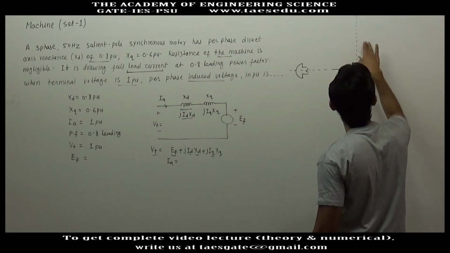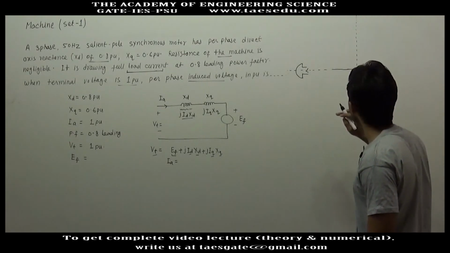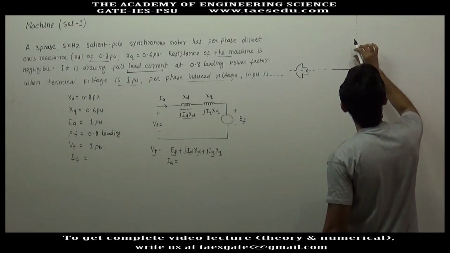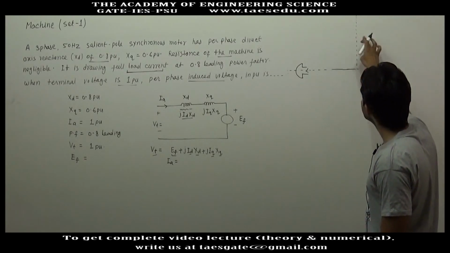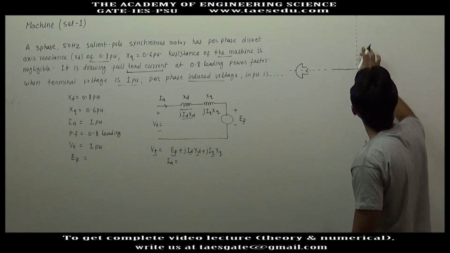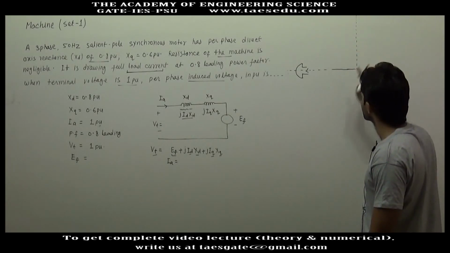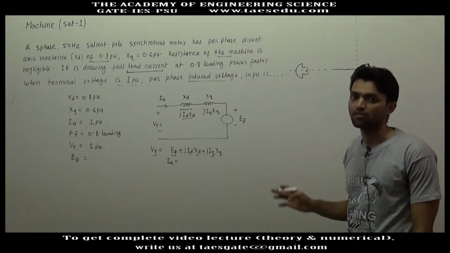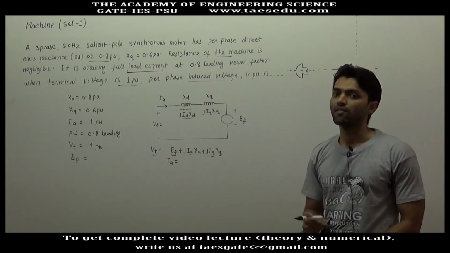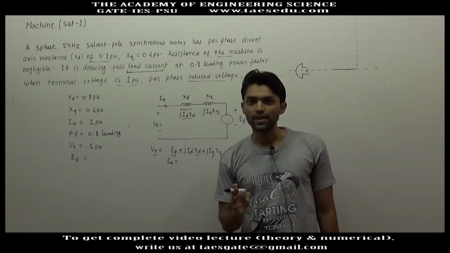This is D axis, this is Q axis, and since this is the case of motor, let's say the machine rotates in anti-clockwise direction. So the phasor of Vt will lead the phasor of EF. In synchronous machine, we have studied that in case of motor, the phasor of Vt will lead the phasor of EF, while in case of generator, phasor of Vt will lag the phasor of induced voltage.